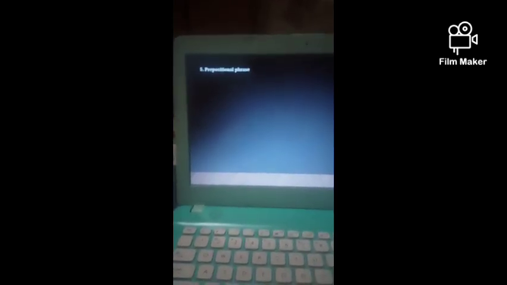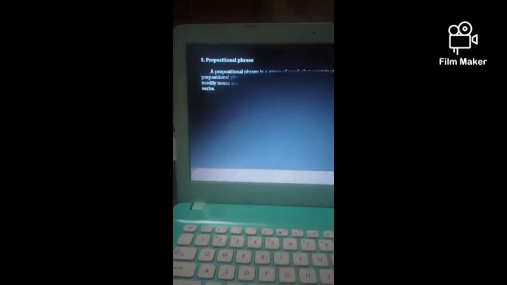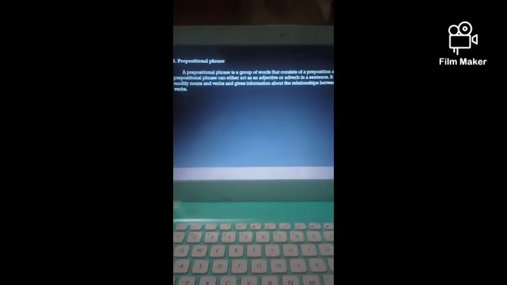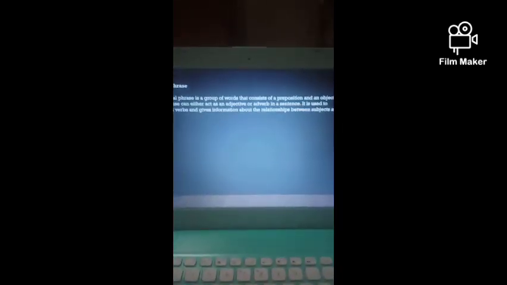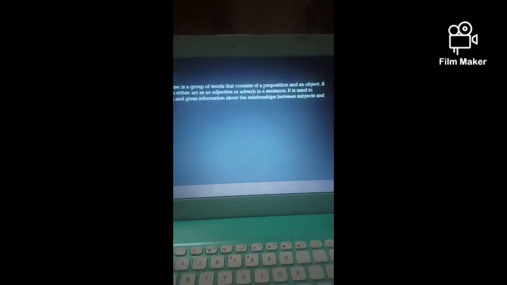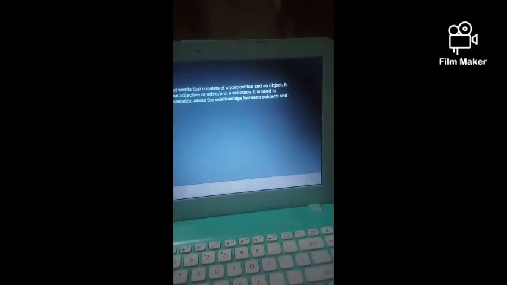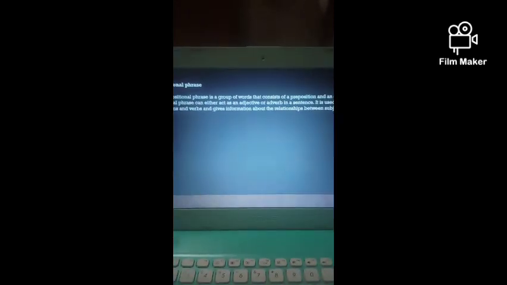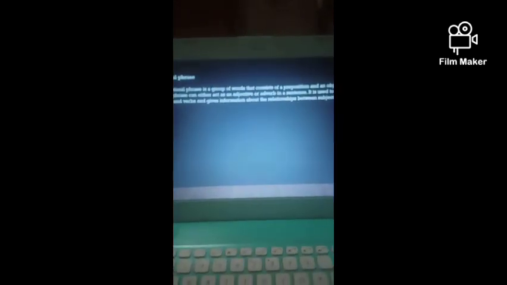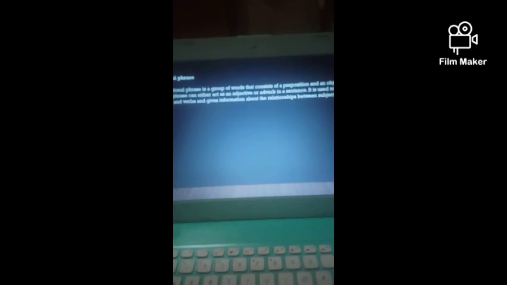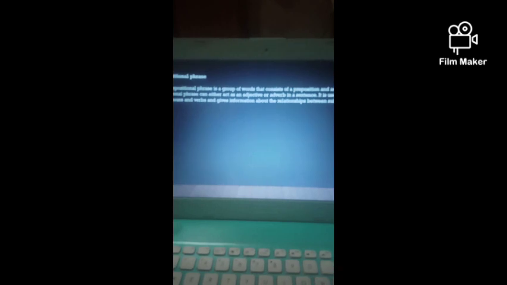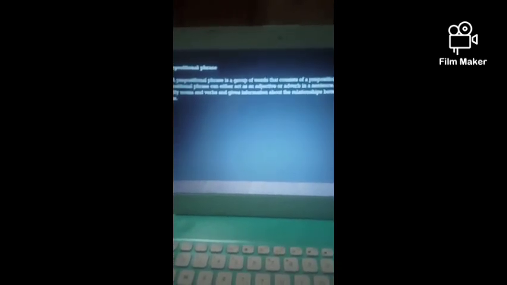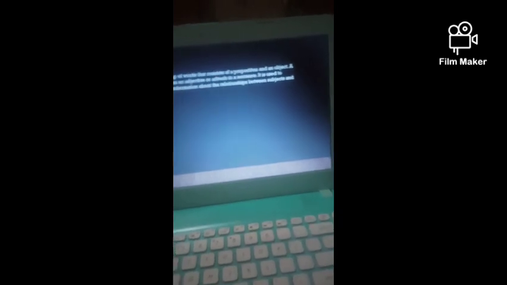Prepositional phrase. A prepositional phrase is a group of words that consists of a preposition and an object. A prepositional phrase can act as either an adjective or an adverb in a sentence. It is used to modify nouns and verbs and gives information about the relationship with the subject and verb.